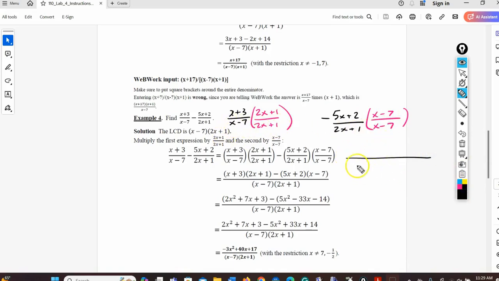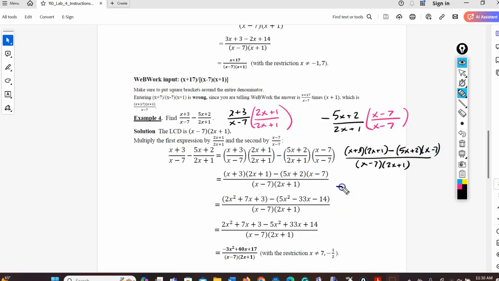So they'll both have denominator x minus 7 times 2x plus 1. Now up here, I'm going to have x plus 3 all times 2x plus 1. Make sure you put them both in parentheses or your answer is going to be wrong. Then minus, and again, 5x plus 2, all of that times x minus 7. Make sure you put them in parentheses or your answer will be wrong.